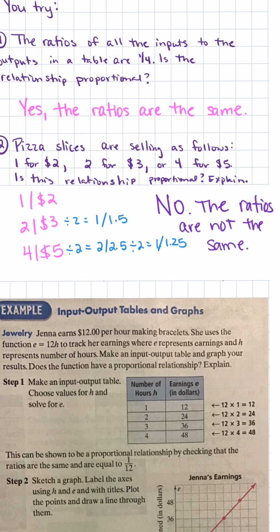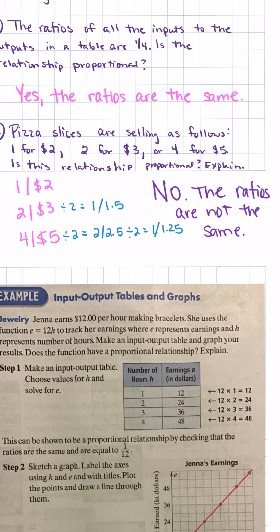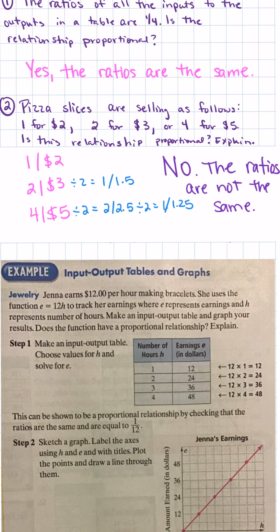They're all, the outputs and inputs are 1/4. The relationship is proportional, so the ratios are the same. The second one, there wasn't any correlation between them all being 1/2 or anything like that. So no, the ratios are not the same.